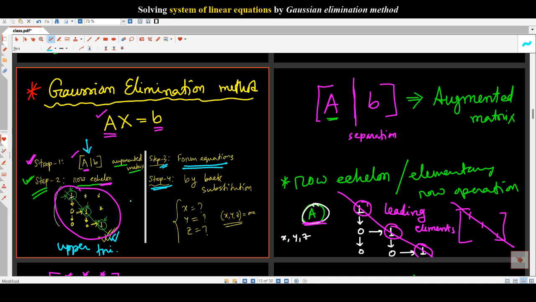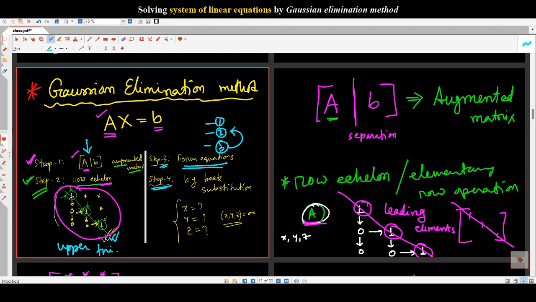Now step 4 says that by the back substitution technique, back substitution means we have, let's say, finally first equation, second equation, third equation. From the third equation the result can be plugged into the second equation. We are substituting.